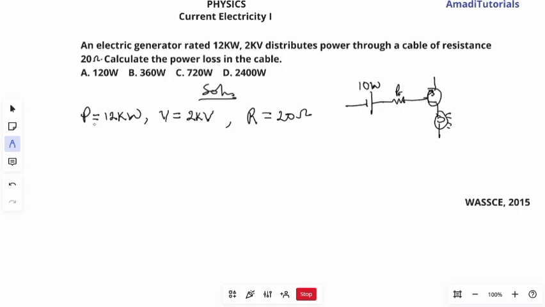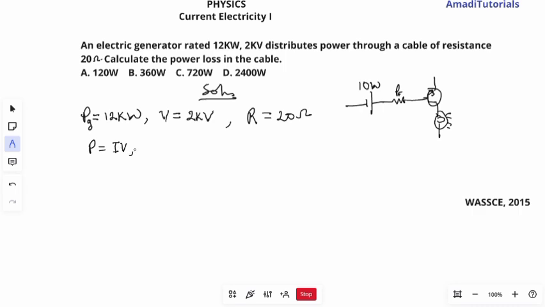So this is the power generated, 12 kilowatts, and this is the voltage of the generation. And then we know that the formula for power is what? Current times voltage. So now we are going to use this first parameter and this second one to determine the current from the generator.